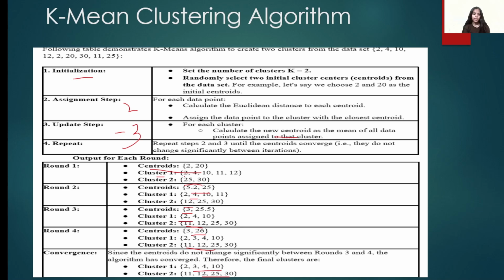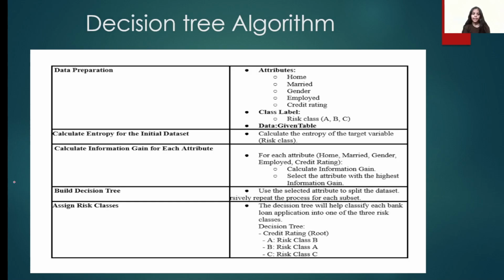Now the next algorithm is the decision tree algorithm. Here there are the following steps. The first step is data preparation. Here we have to prepare our data, with attributes like home, married, gender, employed, credit ranking, and class level. This class is A, B, C, and the data will be given in the table. Now the second step is to calculate entropy for the initial dataset.